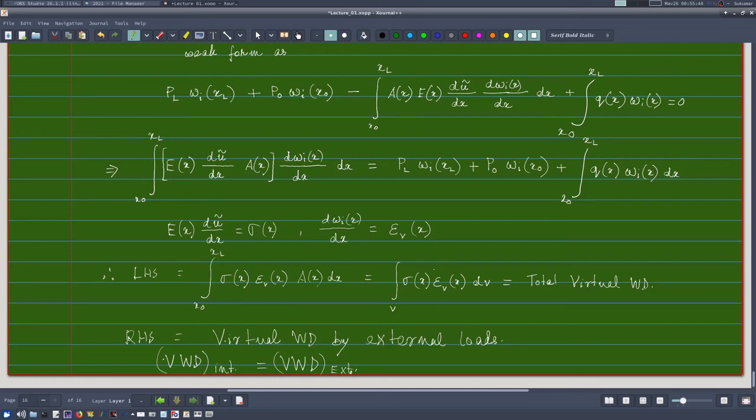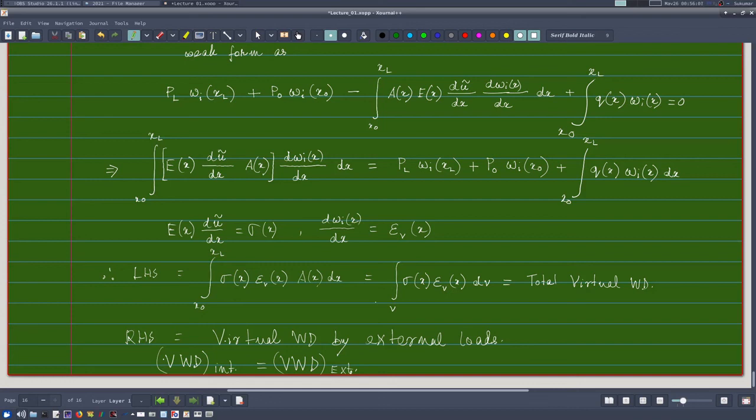Okay, so that's why Galerkin's weighted residual method is one of the very important and extensively used methods of finite element formulation, particularly in mechanical problems.